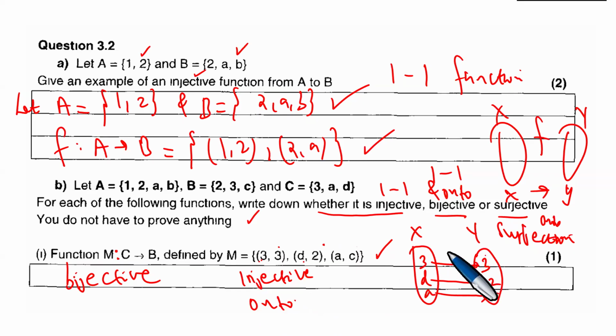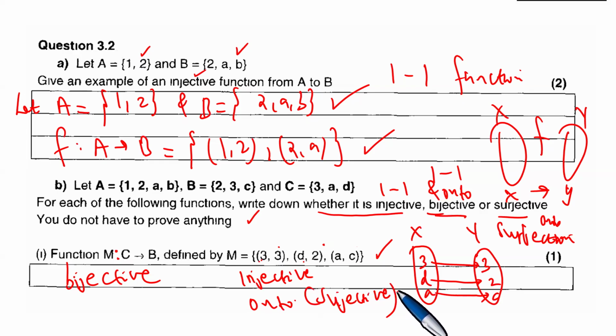Because for every element in the image set, or in the range, you find domain elements that are mapped onto it. So we don't have elements that are roaming around there. So it is certainly onto, or a surjective relation. Because it is both one-to-one and onto, we say it is bijective, where bi means 2.